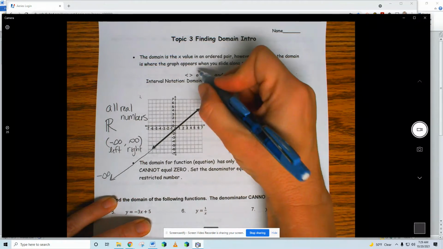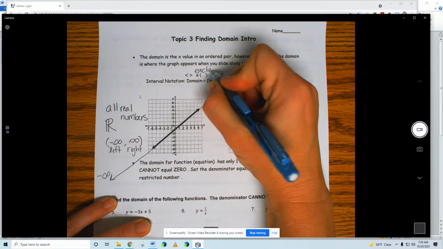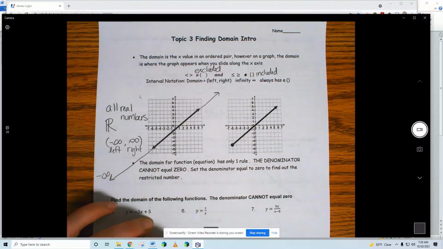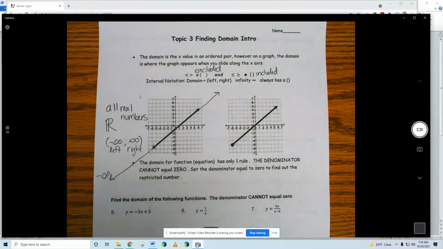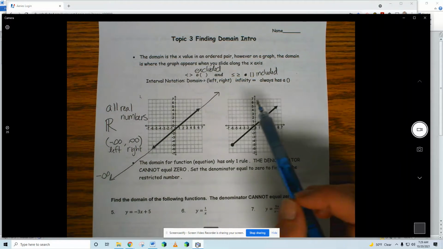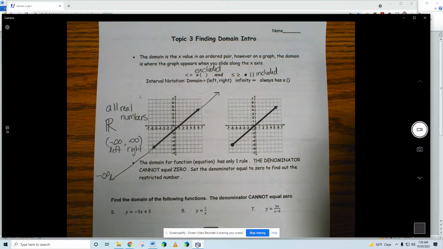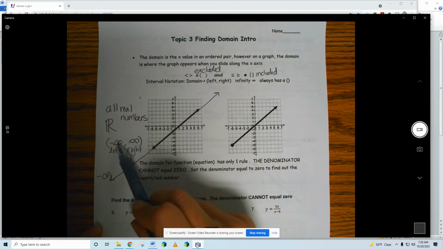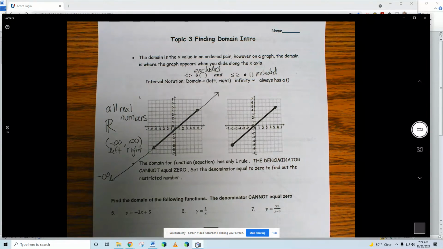Parentheses is excluded. So, we're going to talk more about this notation as we go along. When I use the symbols for infinity, I always need to use a parentheses.